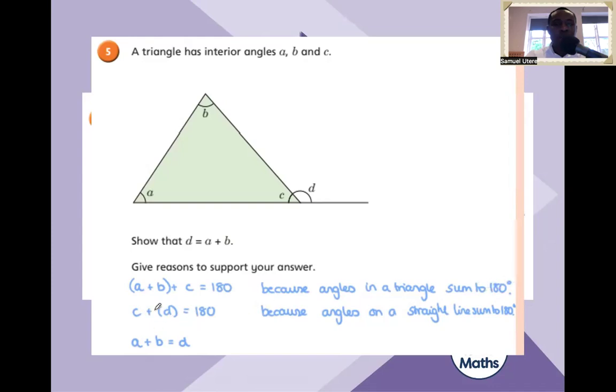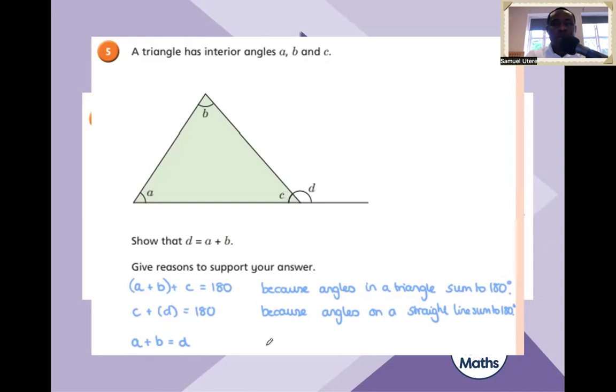Now, C plus D, remember we've been told to show that D is equal to A plus B. So let's see whether that would work. So C plus D will be equal to 180 degrees. Why? Adjacent angles on a straight line sum to 180 degrees.